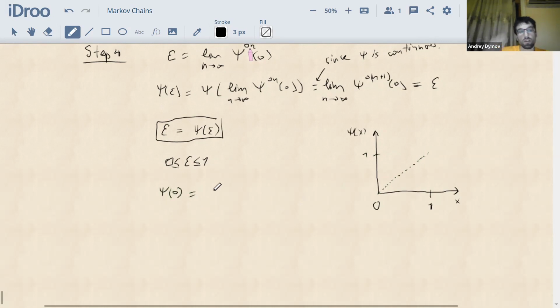So psi of 0, what is this? Since this is a generating function, this is the probability that eta nj equals 0. And this probability, of course, should be less than 1, because if this probability equals 1, then we do not have a subject to discuss. It means that with probability 1 you do not have descendants, so you die at the first generation.